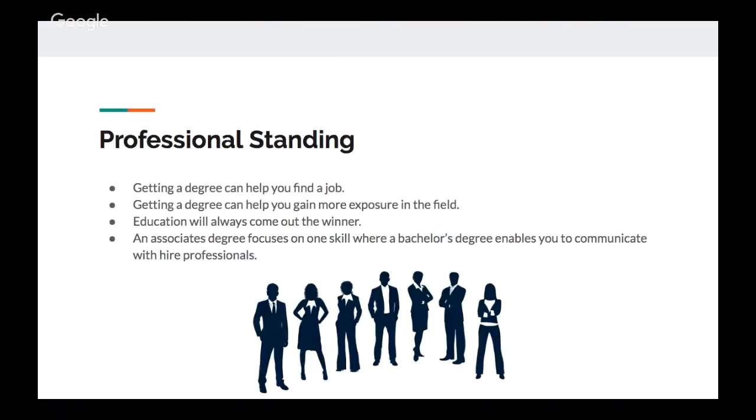You can become an excellent, highly skilled expert and a talented graphic artist by graduating with an associate degree. But you cannot get the scope of education that you can get with a bachelor's degree.